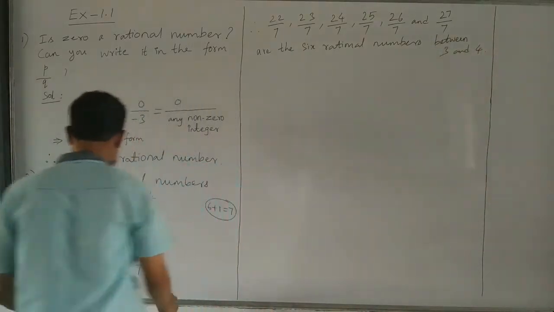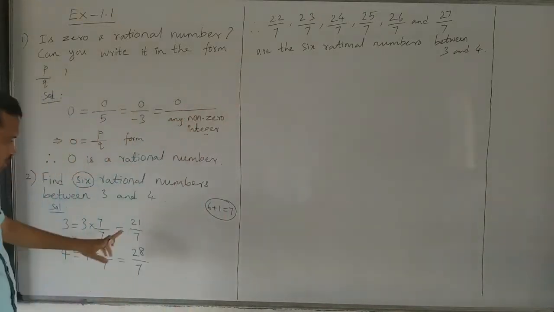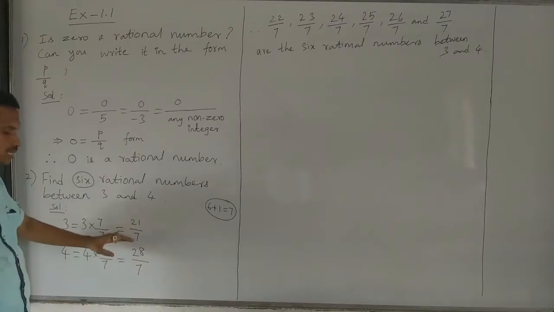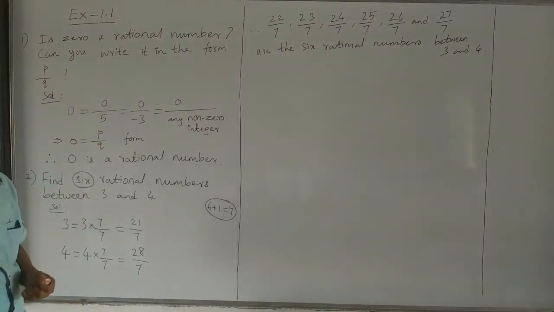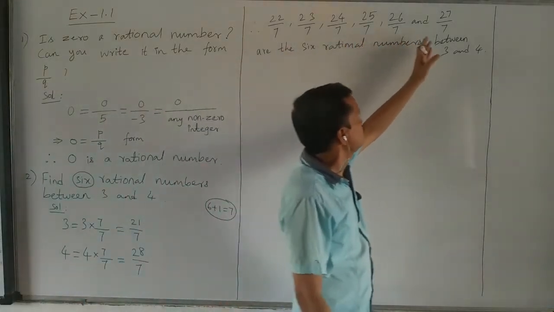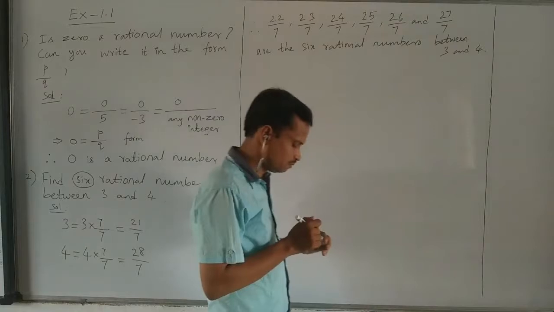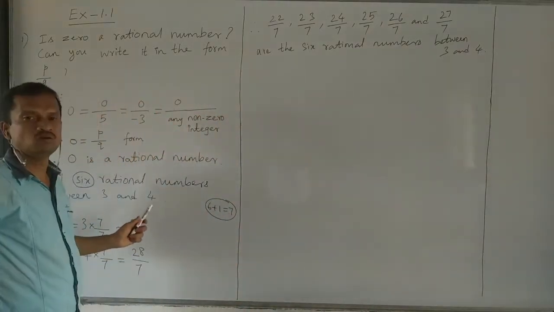So you can write like this, and we can collect the numbers between these two. Keeping the denominator 7 in all the numbers, you can easily pick out 22 by 7, 23 by 7 and so on up to 27 by 7. So these are the 6 rational numbers between the given two numbers 3 and 4.